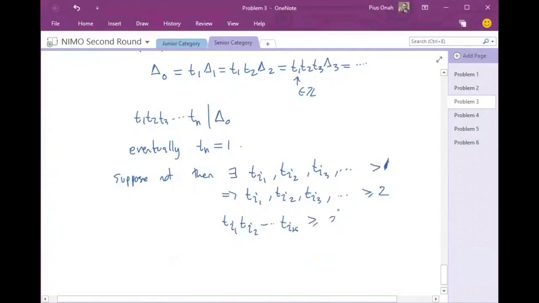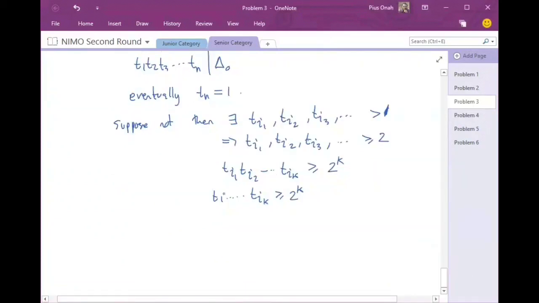up to some k, it is greater than 2 raised to the power k. If we consider the product starting from 1 up to the last number, then definitely it has to be at least this. These terms could be 1 or bigger. So this is equal to delta 0, which is greater than 2 raised to the power k, and that delta 0 must be greater than or equal to k.